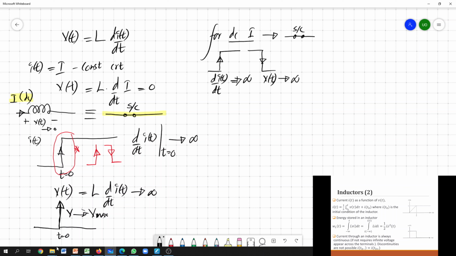So this is one fundamental equation. From this we can obtain a relationship for the current. If you cross multiply this equation and integrate both sides, we can have this kind of equation: I becomes 1 over L times the integral of this voltage.